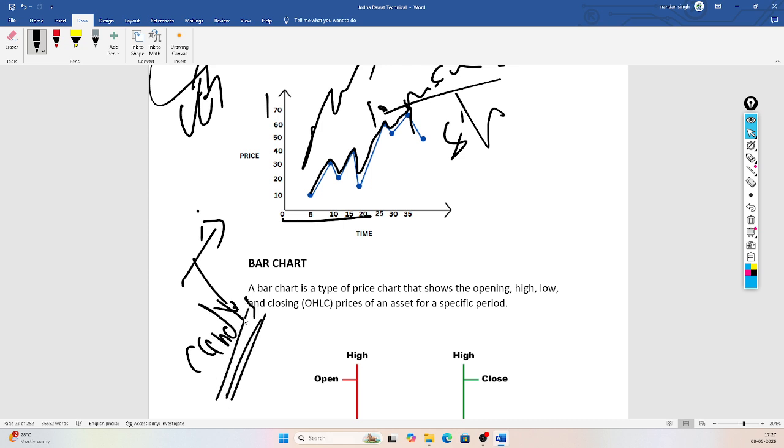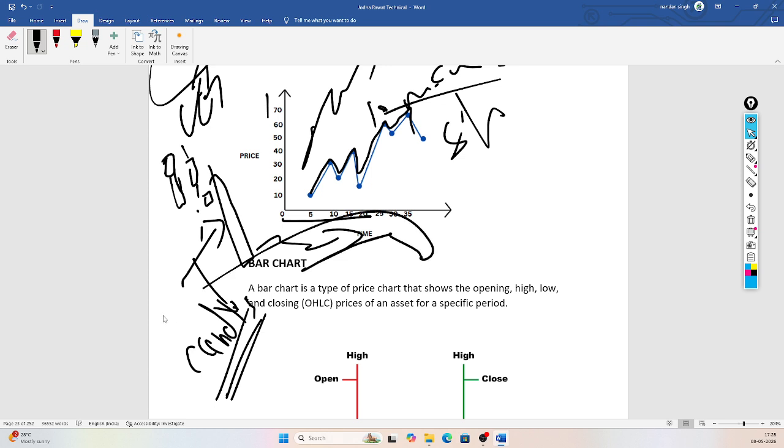Like if this much small candle is red, or if this much big is green, with or without a wick, it will show like this in candlesticks, but the line chart is only showing whether it is bullish or bearish.